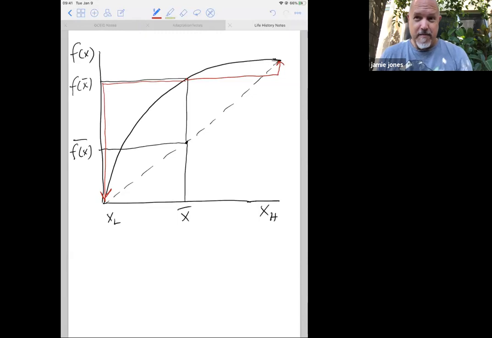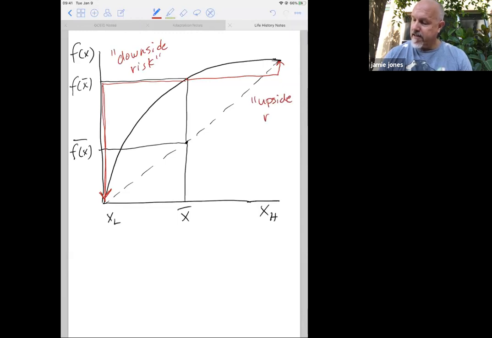You see there's an asymmetry, and it arises from the shape of the fitness function. We refer to this decrease as the downside risk of the gamble, and this increase as the upside risk.